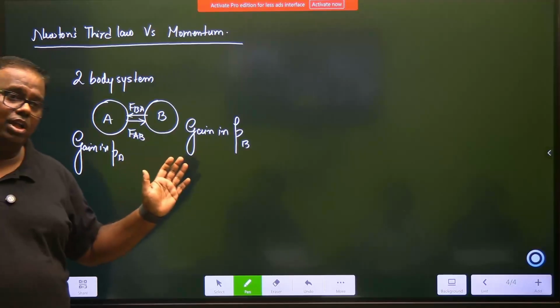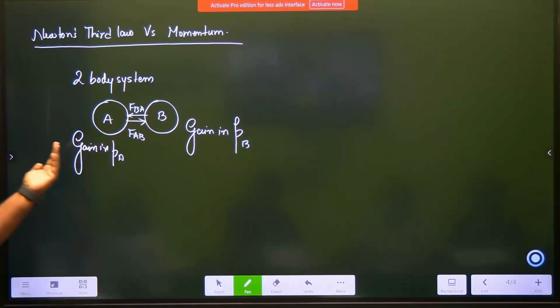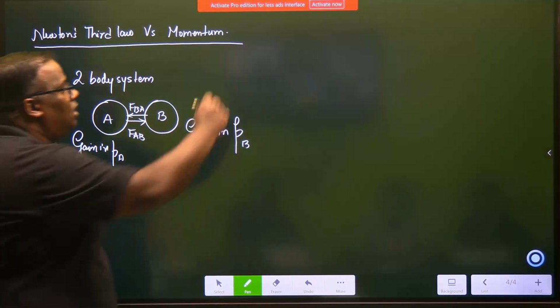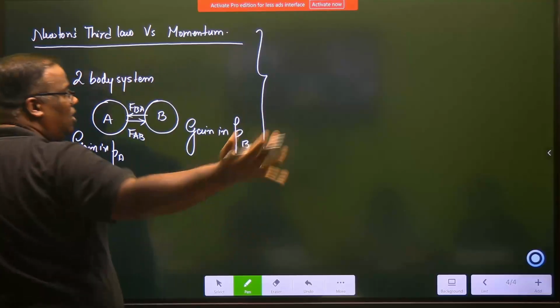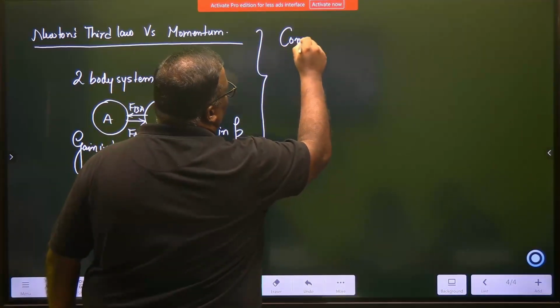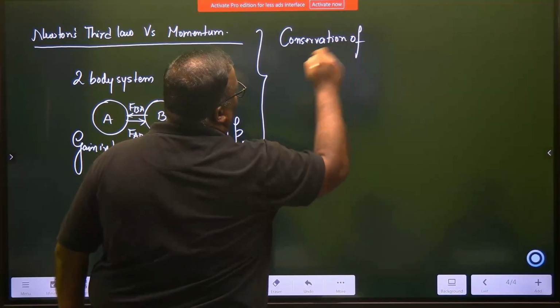Momentum is a vector quantity. If there is a gain in momentum on this side and a gain in momentum on that side, the net momentum is 0. From Newton's third law, we actually get a concept, again not in your syllabus, has been removed from that, which is known as the concept of conservation of momentum.